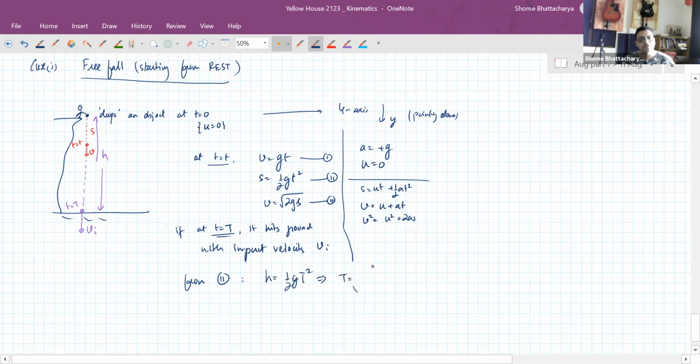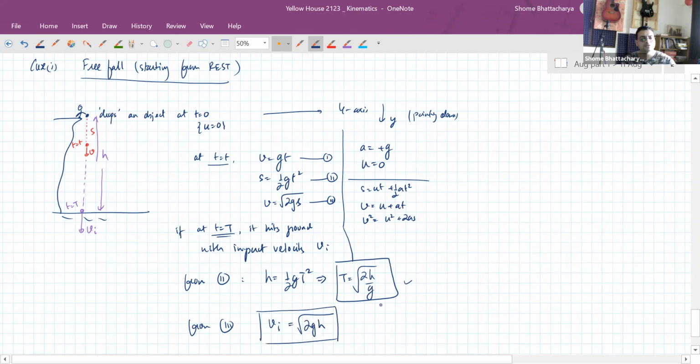So the time taken to hit the ground is given by this. Then from equation 3, you can see that the impact speed will be square root of 2gh. You don't need to memorize these two as formulae. You can just remember how they come from the equations.